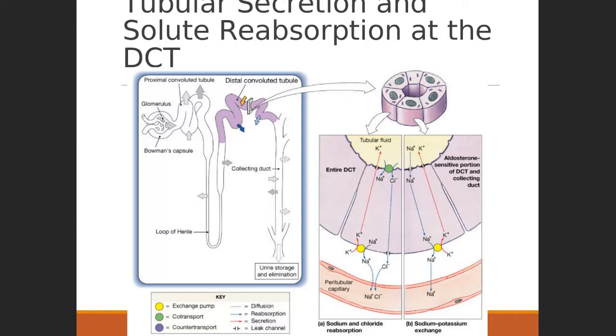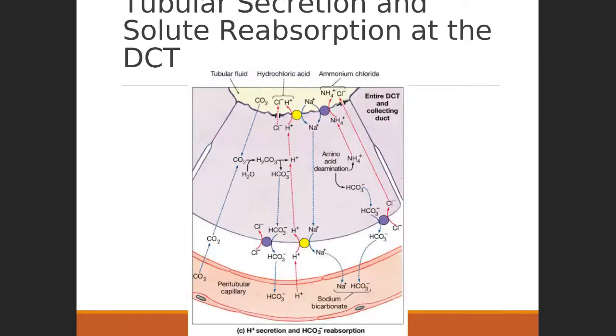Now, our tubular secretion we'd already mentioned when it comes to our sodium and potassium exchange, secreting potassium into that tubular fluid and ultimately having it carry on out into our urine. But of course, we also see a role here when it comes to pH regulation.